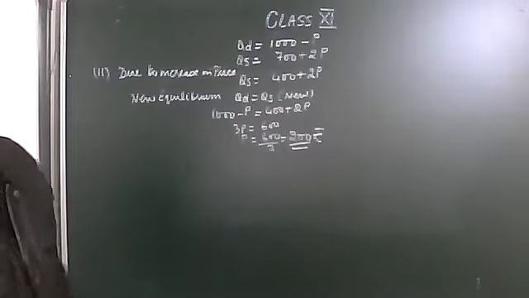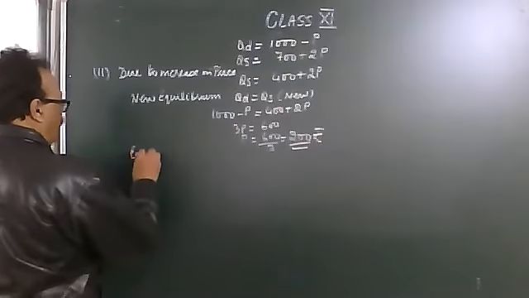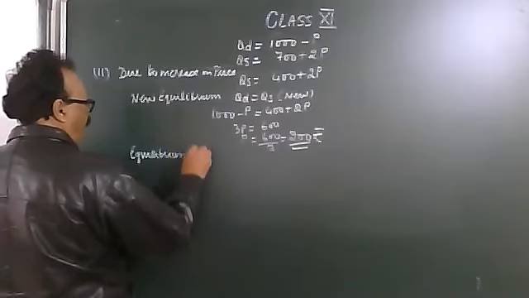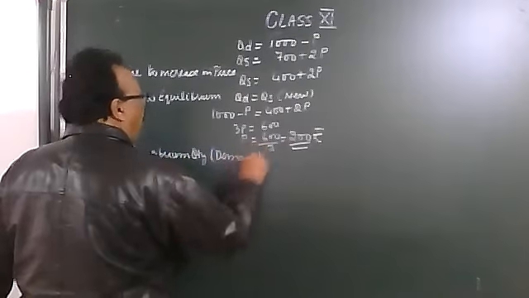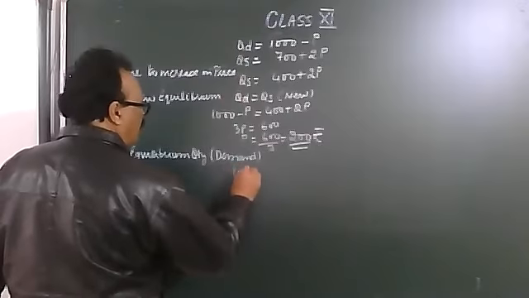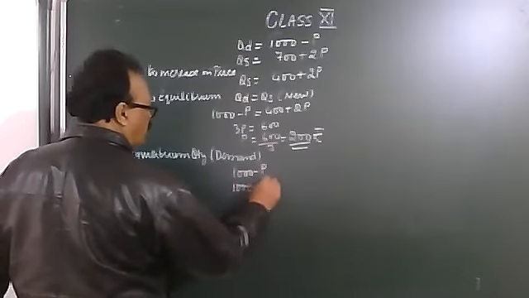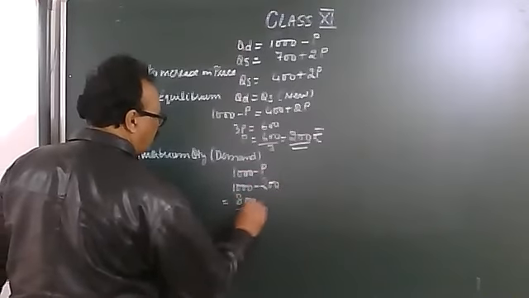We can take it from both sides. Equilibrium quantity from the demand side: what is the demand? 1000 minus P, that is 1000 minus 200, that is equal to 800 units.